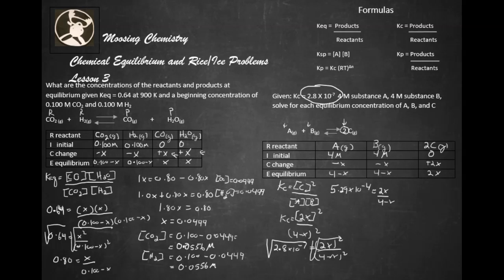Alright, so then when we do this, we're going to multiply these two here. This is going to give me 21.2 times 10 to the negative 4 minus, of course, 0.000529x equals 2x.